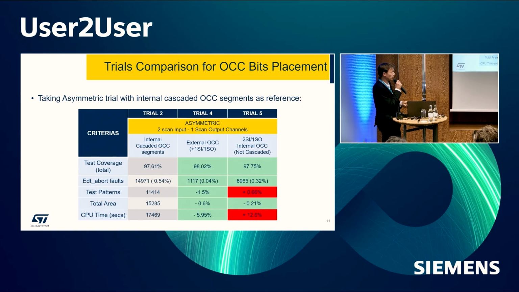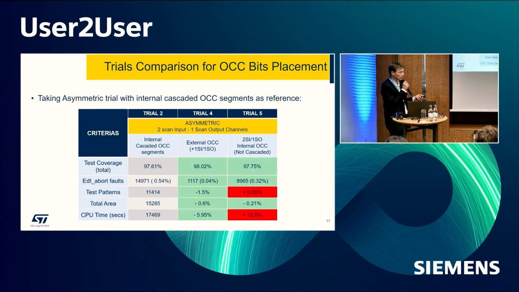And again, what you can see is actually expected. The tool does a much better job because it has fewer constraints on the compression. So when you are using an uncompressed chain for the OCC care bits, you get even better test coverage, 98%. You still get a good coverage and a good improvement when you have all your OCC care bits in a dedicated compressed scan chain.